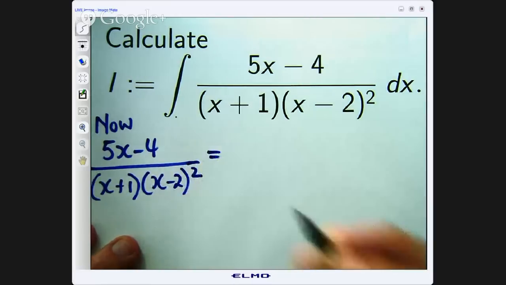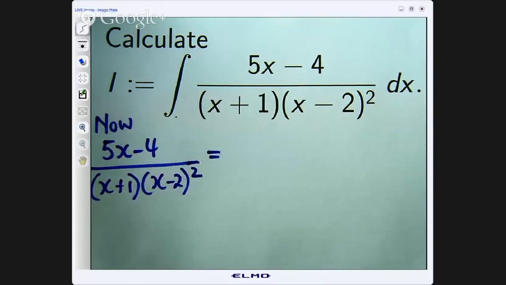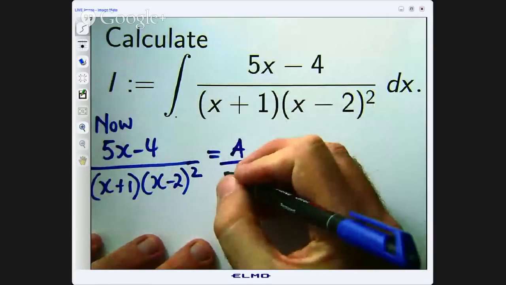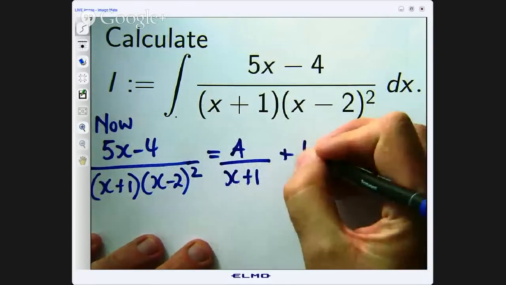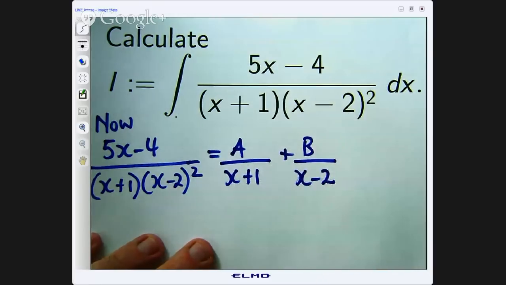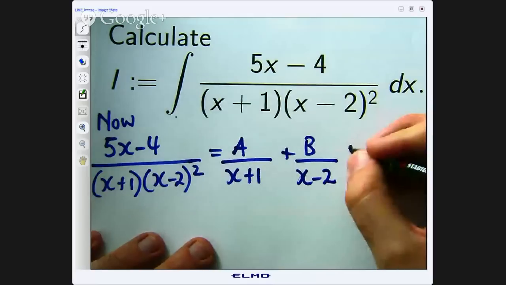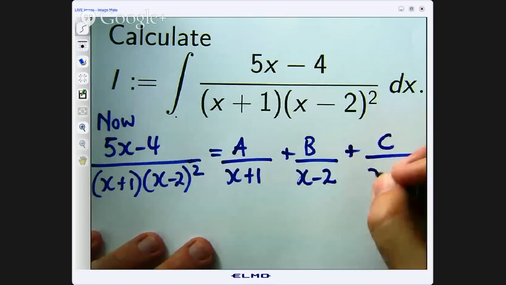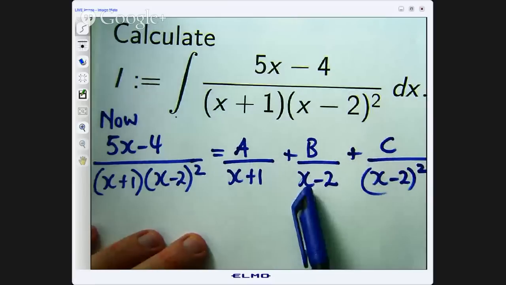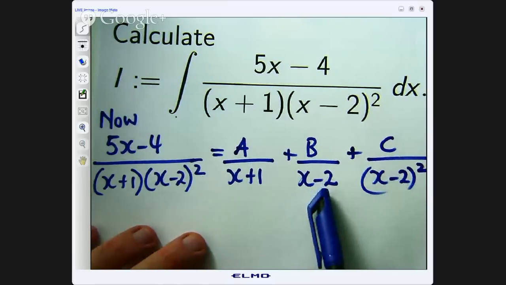All right, now the claim is the following. I can find a number A, a number B, and a number C such that the following is true. Now notice the change here in the denominator, right?